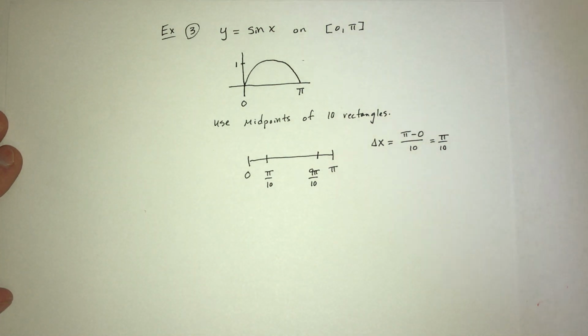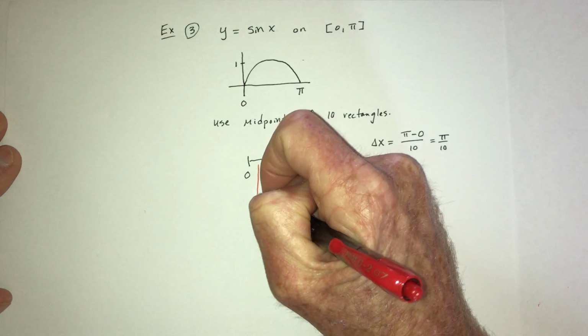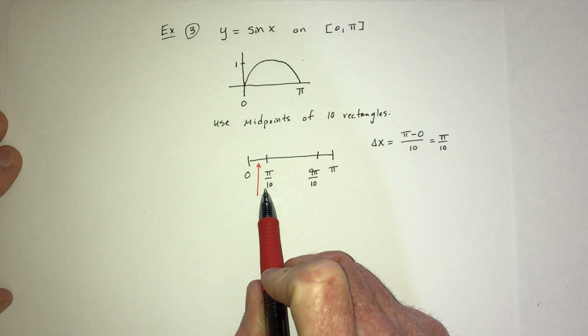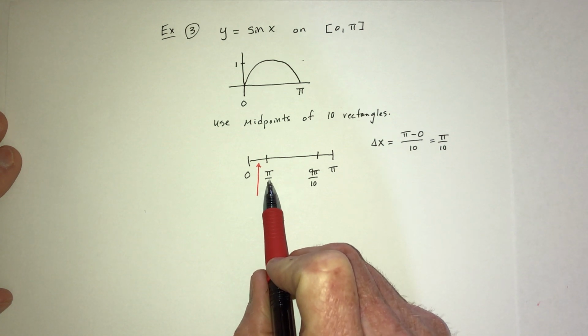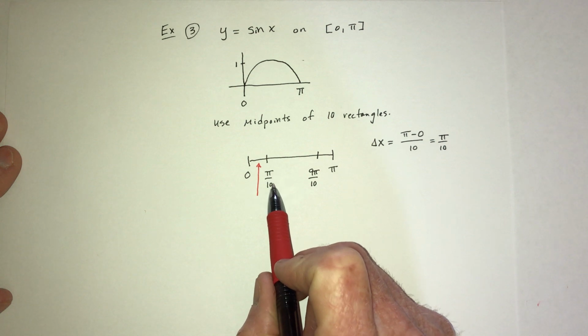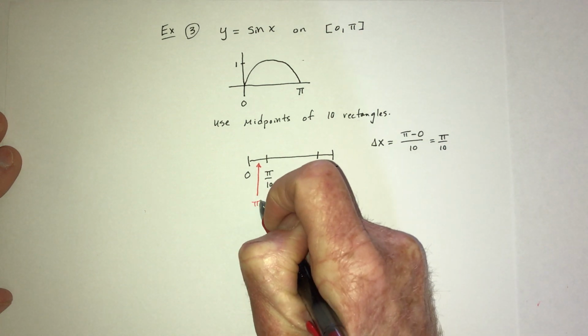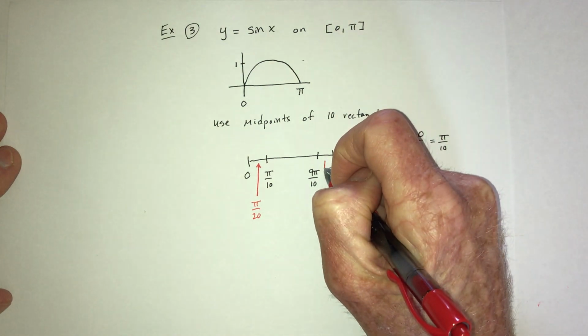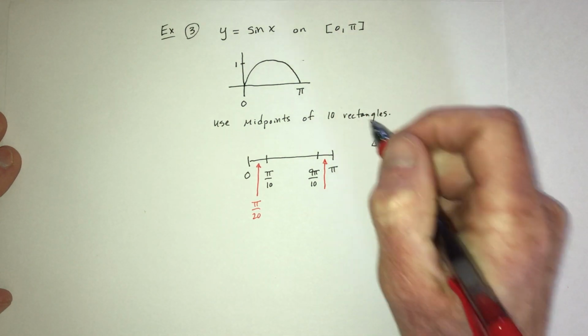Now use the midpoint. So what is right in the middle between 0 and pi over 10? Well, that means that you cut this in half, and if you multiply this by 1 over 2, that is going to be pi over 20. Then what about this midpoint?